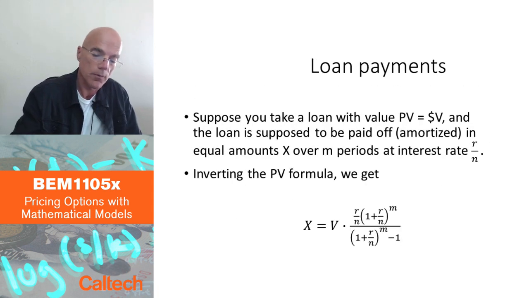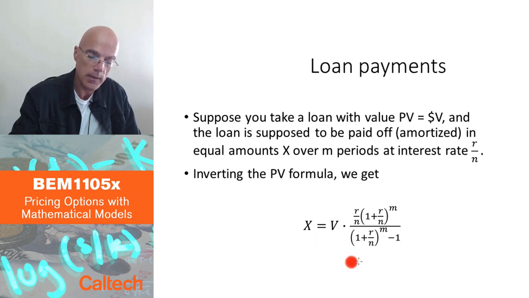If you do that, the formula is like this, except instead of PV, I'm writing V here for value of the loan. I'm just calling PV V dollars. So the formula is here. If I'm taking a loan in the value of V dollars, and my quoted rate is R, compounded n times a year, and I will be paying that loan for m periods, then this is the amount I will be paying every period.